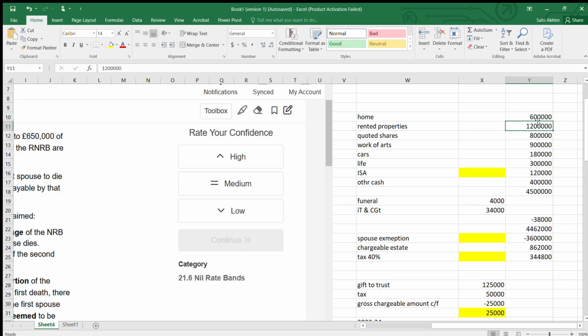Then we have a mortgage to deduct, 450,000, which is the difference 150,000. So now that will be equal to our residence nil rate band. See, residence nil rate band is 175, but since here the total is 150, residence nil rate band will be restricted to 150,000.